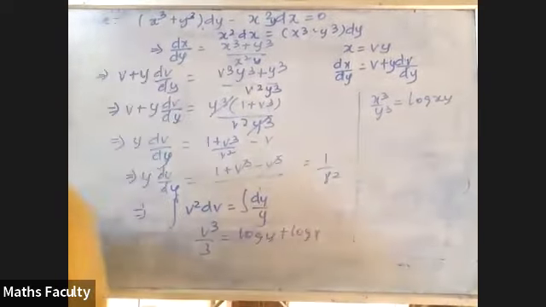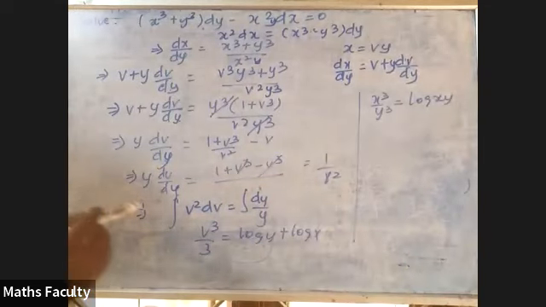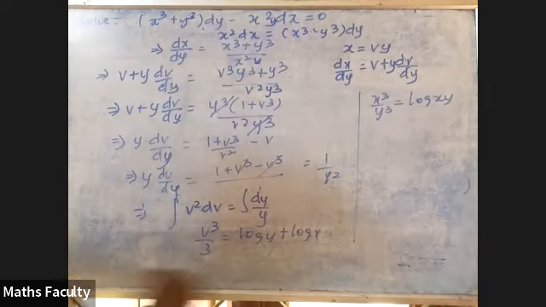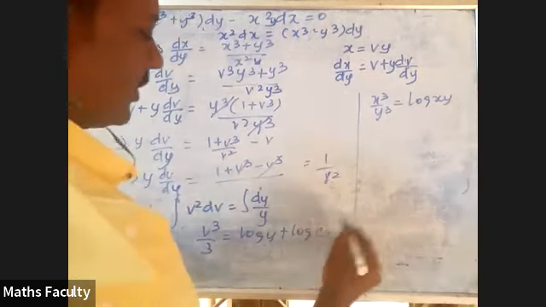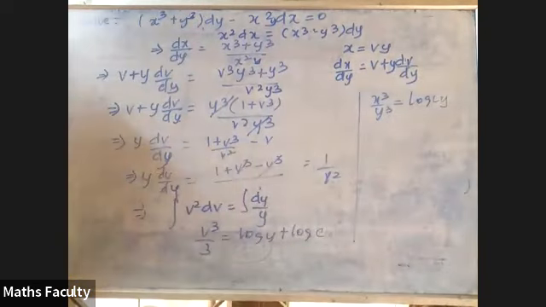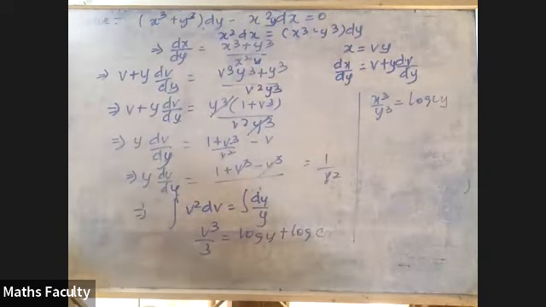Sir, last step, v cube by 3 is equal to log y plus log c. That is, sir. Log c, sorry. Log c, not constant, log c. About cy. Okay, thank you. Next one.